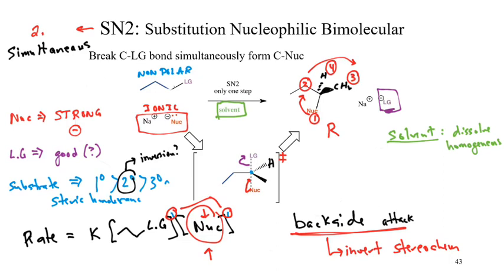So if we write out our classifications for our solvents, we have protic, we have polar aprotic, and we have nonpolar. Well, the nonpolar probably won't do a good job of dissolving the ionic. So because of that, we'll cross out the nonpolar solvent because it won't dissolve the ionic.